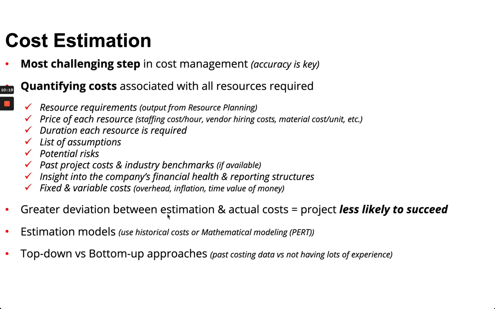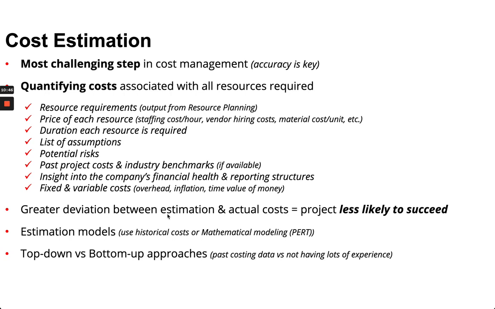When you look at cost estimating, this typically is the most challenging because that key stakeholder, that key sponsor, wants it as accurate as possible. So I've identified a number of areas associated with quantifying the risks, the assumptions, some of the things we touched upon earlier.